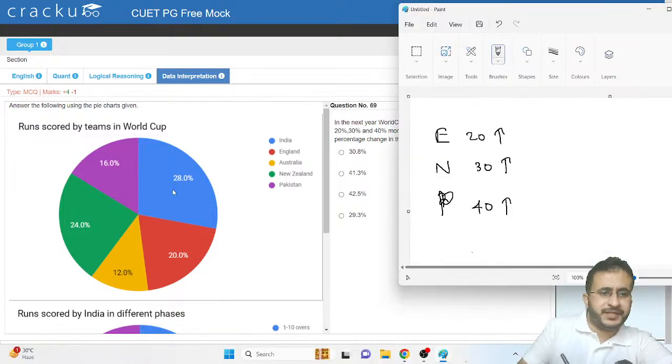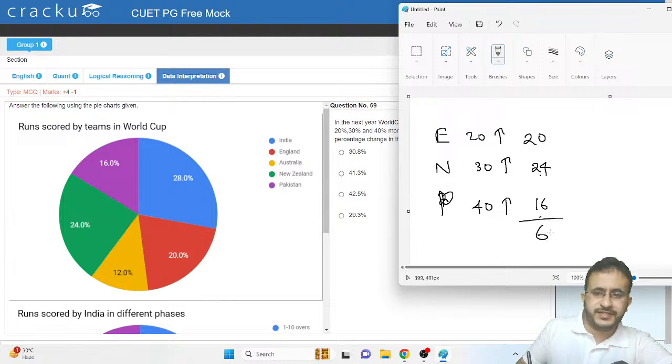Now how much is England? England is having 20%. New Zealand is having the fourth one, which is 24%, and Pakistan is having 16%. So right now their total is 60 and it is increasing by 20%. So 20% increase means 20 into 20 by 100, right? That is 4. So they will increase 4.